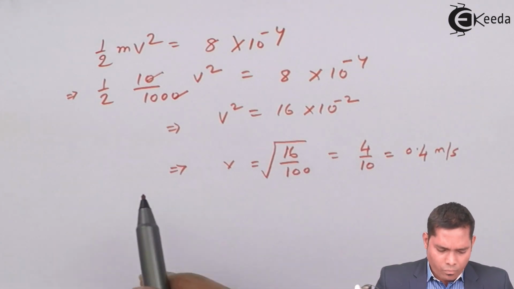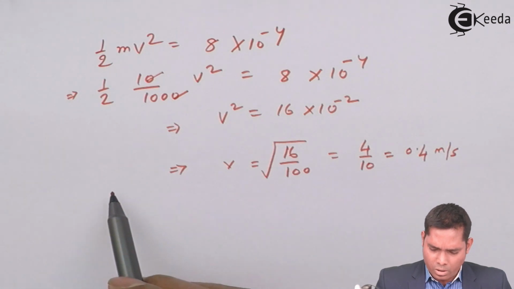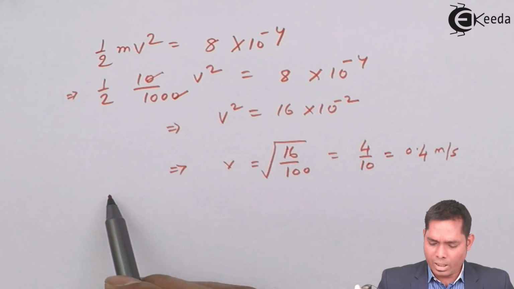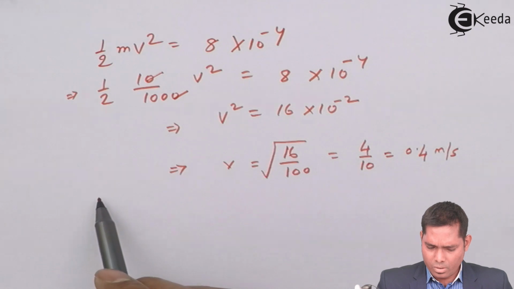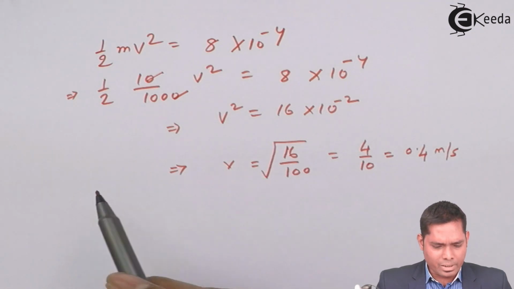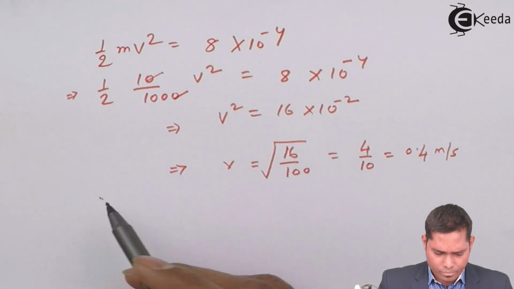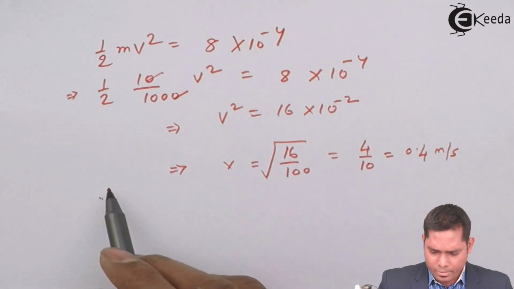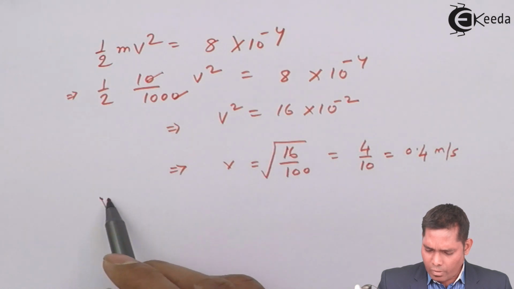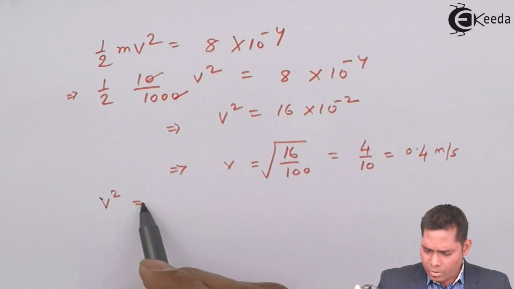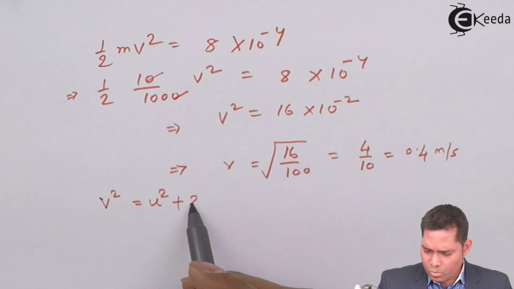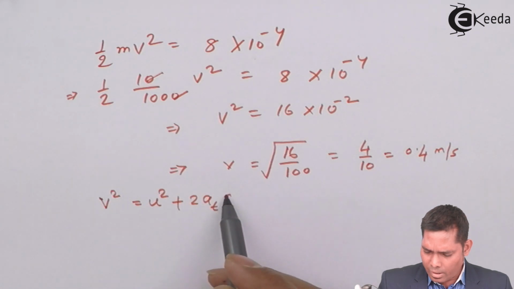Now, what about the acceleration, tangential acceleration? That tangential acceleration can be obtained by, I will write that v square is u square plus 2 a tangential s.